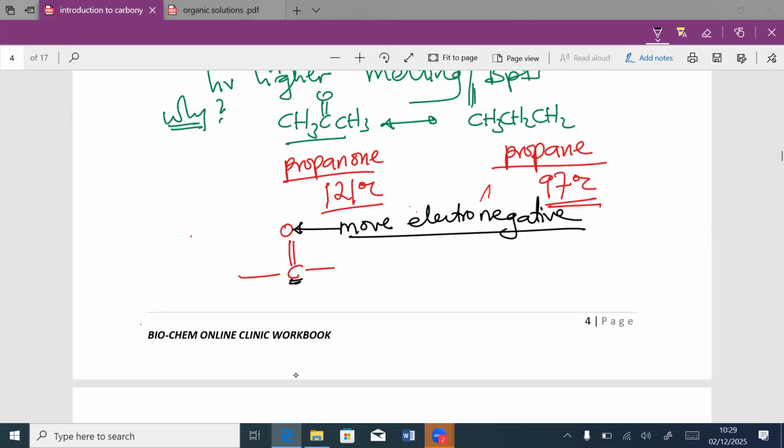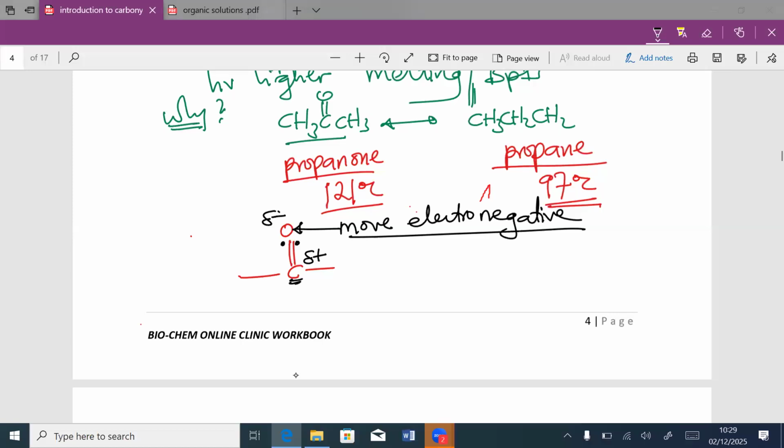So the bond here between carbon and oxygen is composed of electrons. Because oxygen is more electronegative than carbon, it tends to pull the bonding pair of electrons more towards itself. Thus, it acquires a partial negative charge, and the carbon atom acquires a partial positive charge.